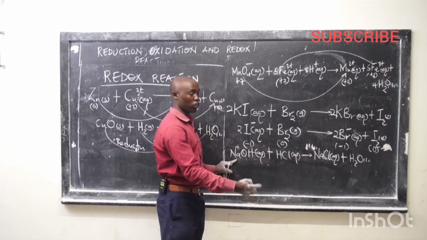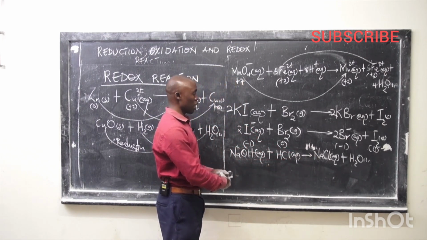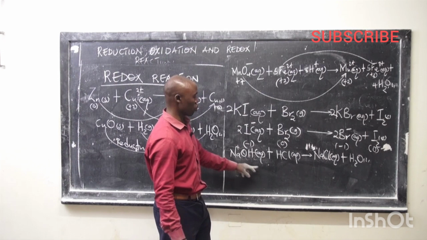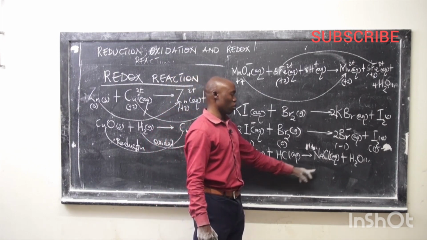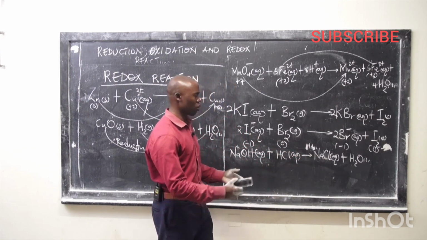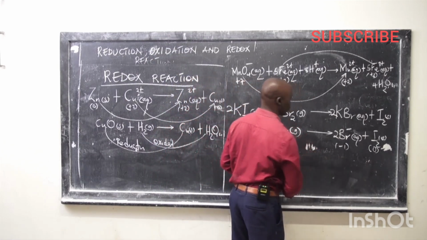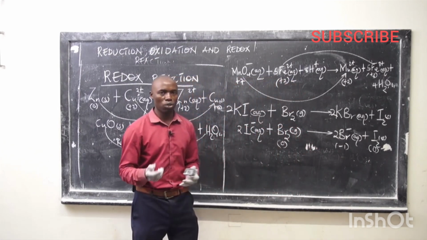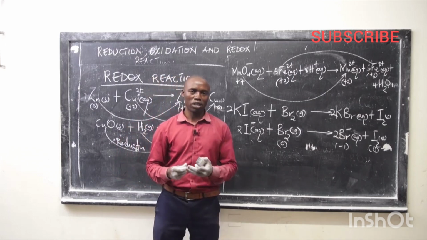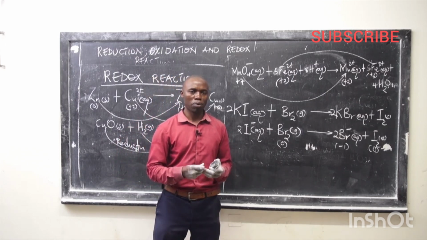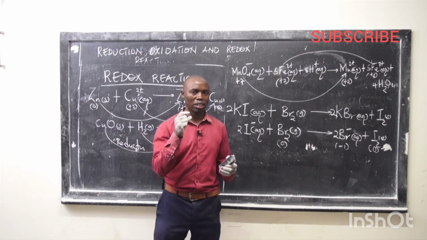Nothing has happened, no change in the oxidation state. You look at the oxidation state of maybe a chloride, you compare it with another chloride. You can compare a few parts of that and you realize that there is no change in the oxidation state at all. So always try to look at the ionic part of the equation to come up with a better understanding of whether it's a redox or not.